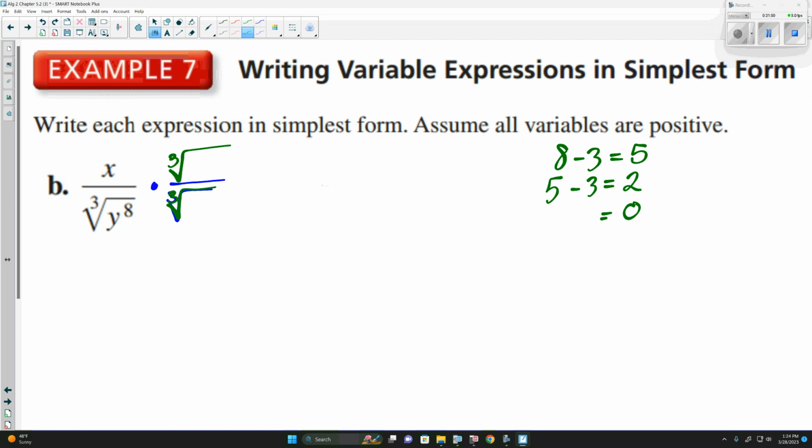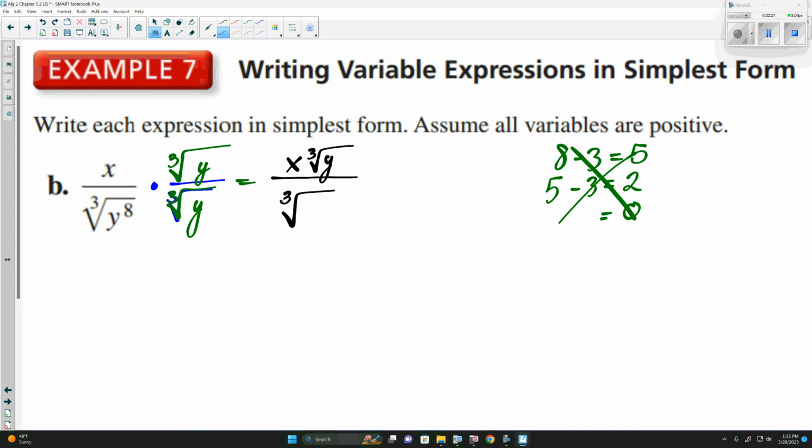How many more do I need to be able to take another group out? 1, because if I have 1 more, we would have 3, yes? So I need to multiply top and bottom of this by 1y, or y to the first, yes? Because if we do the multiplication, on top, we're just going to have x times the cubed root of y.